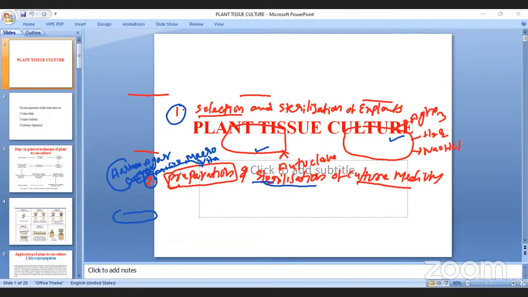Now the inoculation. The third step is inoculation. Let's change color.